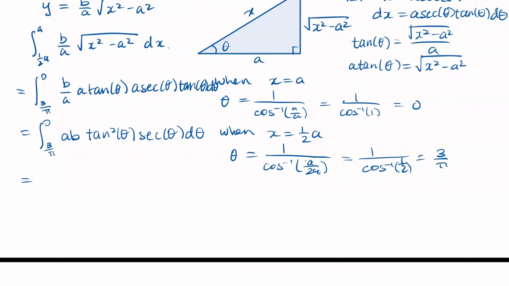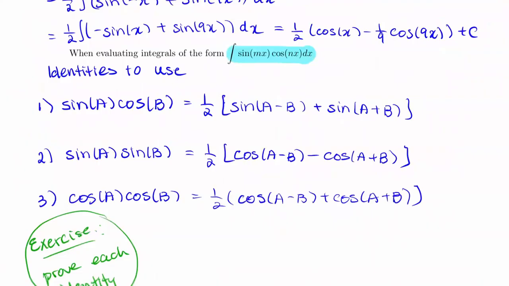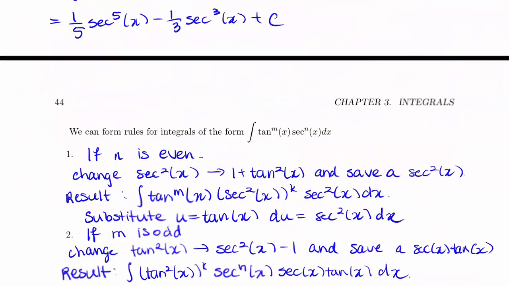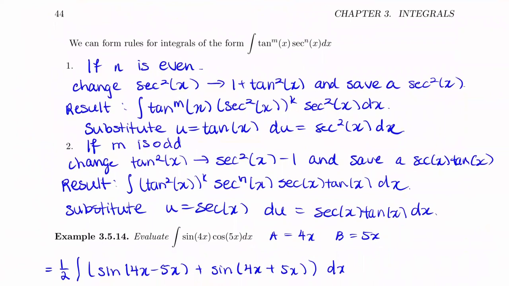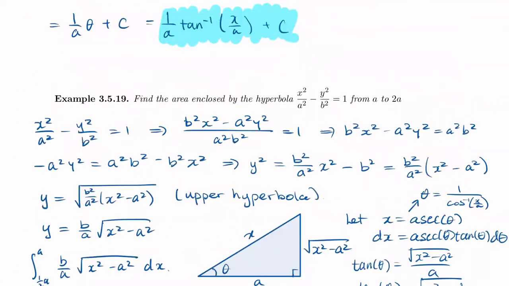So this rule will actually be for when m is odd. So we're going to use the second rule here. Sorry, this is for when m is odd. So let me go back.